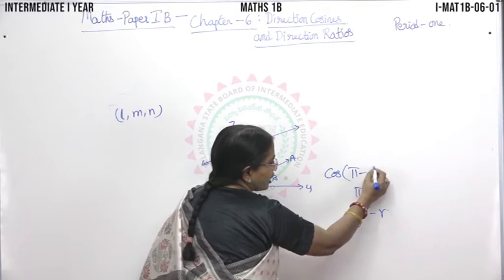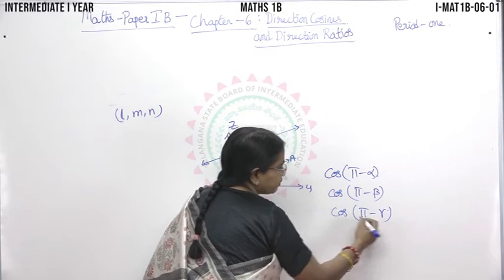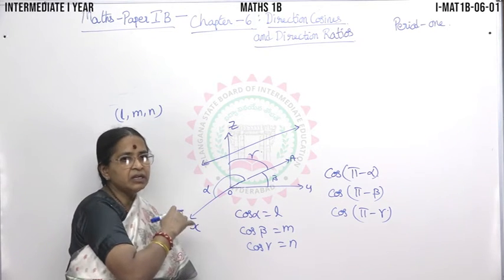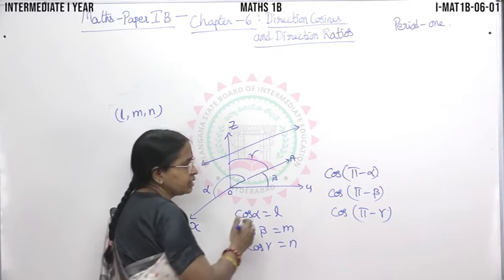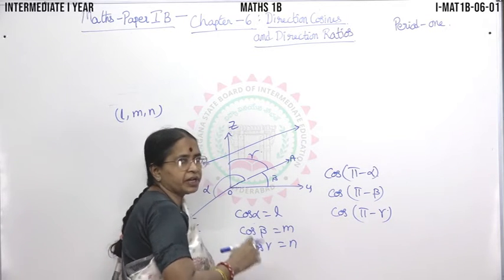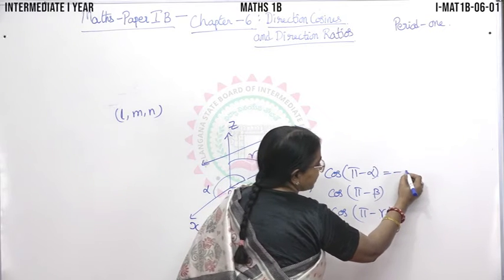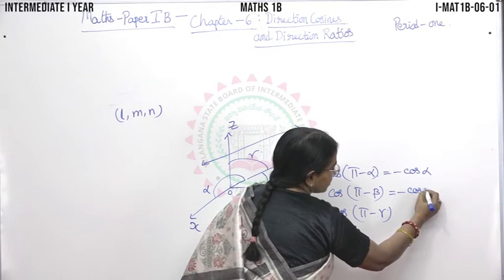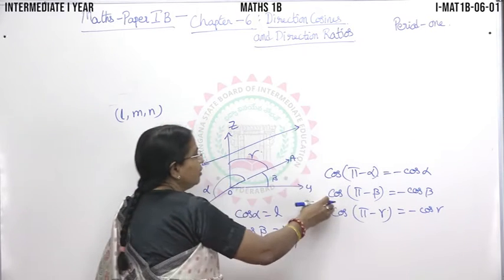So we take cos(pi minus alpha), cos(pi minus beta) and cos(pi minus gamma) also as the direction cosines of the same line. So this is one set of direction cosines and this is another set of direction cosines of the same line. So what is cos(pi minus alpha)? It is minus cos alpha because it is in second quadrant. So minus cos alpha, minus cos beta and then minus cos gamma are the direction cosines of the same line.